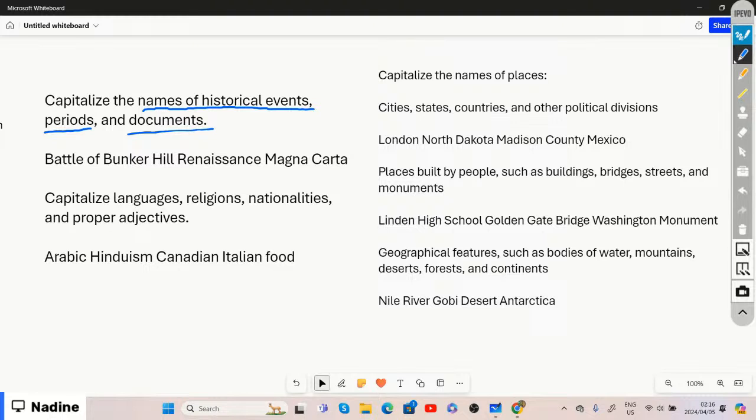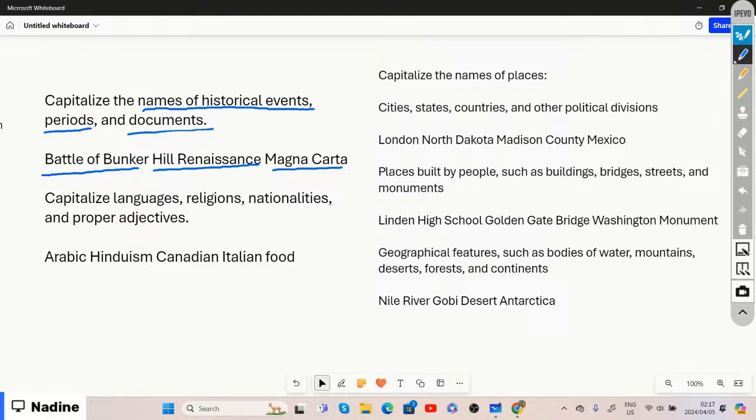And if we look at certain words, like for example, Battle of Bunker Hill, Renaissance and Magna Carta, right? These are either historical events, periods, or even documents, and we need to capitalize them.